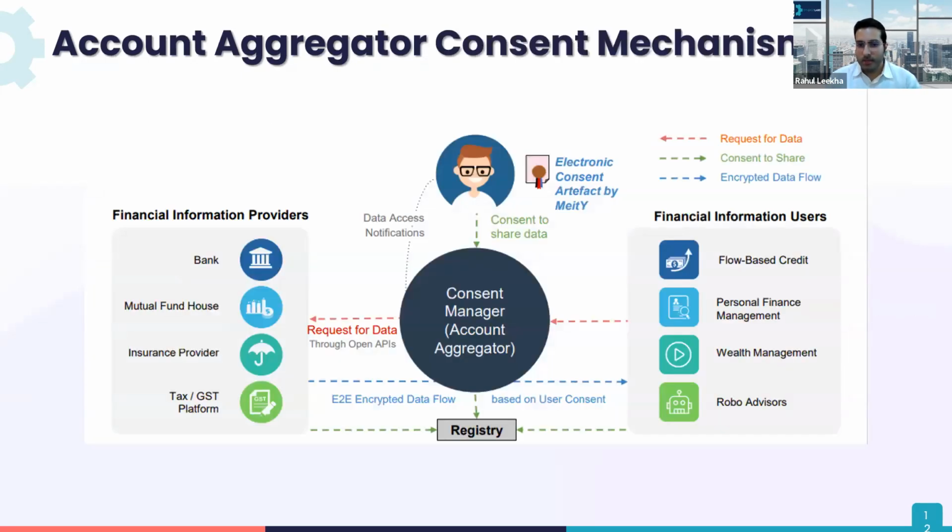So this is the consent mechanism that is there. Account aggregator is purely a consent manager. They don't hold the data.